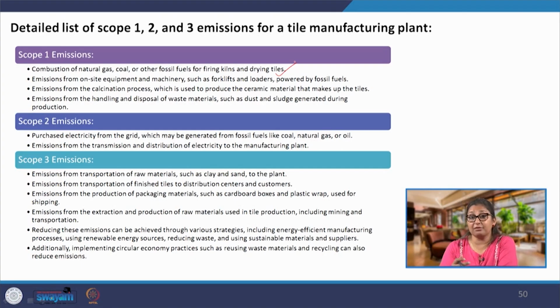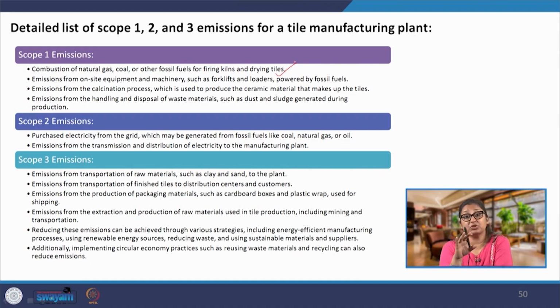Then we also have emissions from on-site machinery such as loaders, forklifts, tractors, mixers, and a lot of other machinery. Sometimes it might be run on electricity, then it does not count towards direct emissions. But if it is run on some other fuel, for example diesel, a lot of times these machines are run on diesel, then they are counted towards direct emissions.